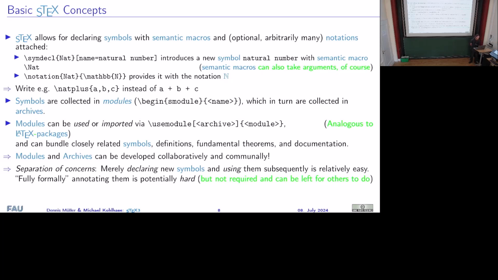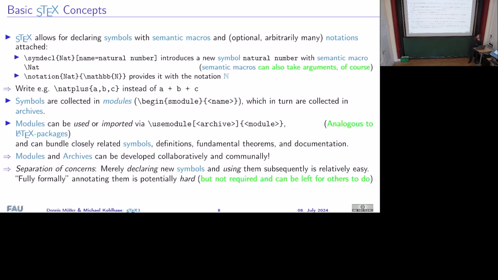And of course, that gives us the nice bonus objective that we can develop these kinds of libraries of concepts with their notations and potentially their formal aspects collaboratively to some extent.